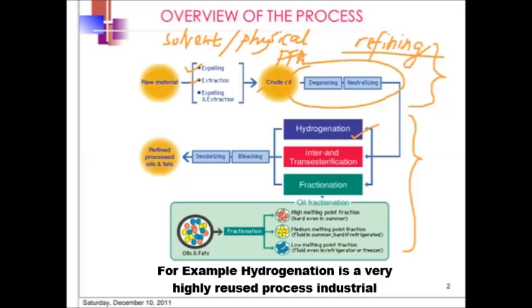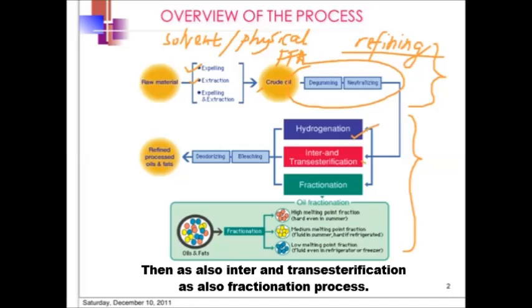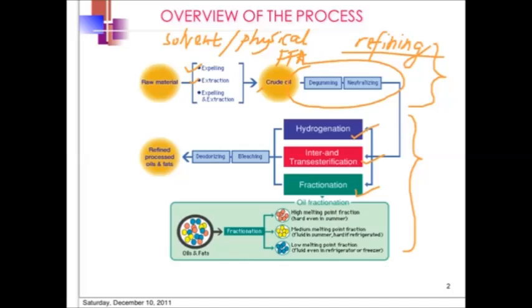This is a very widely used process in the industry to increase the melting point and solid fat content of the fat. So usually we use this process to produce a product like margarine. Then there is also the interesterification process and also the fractionation process.